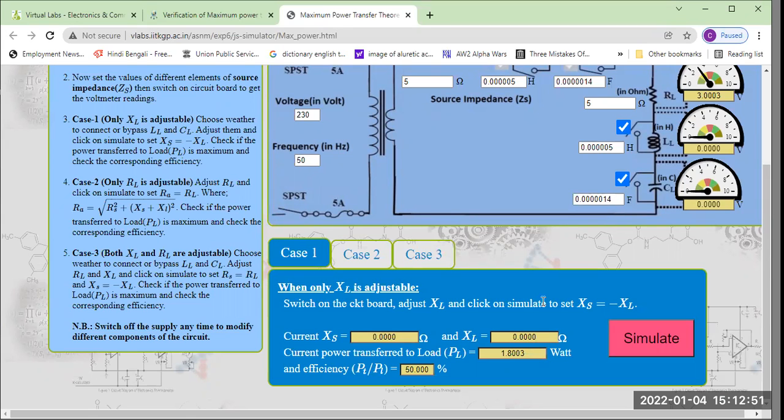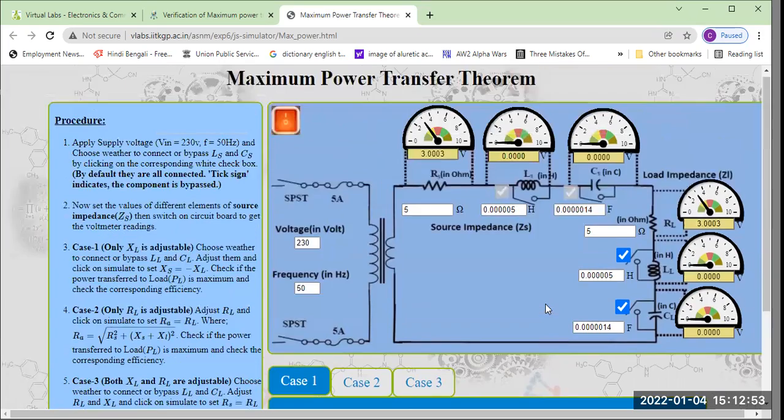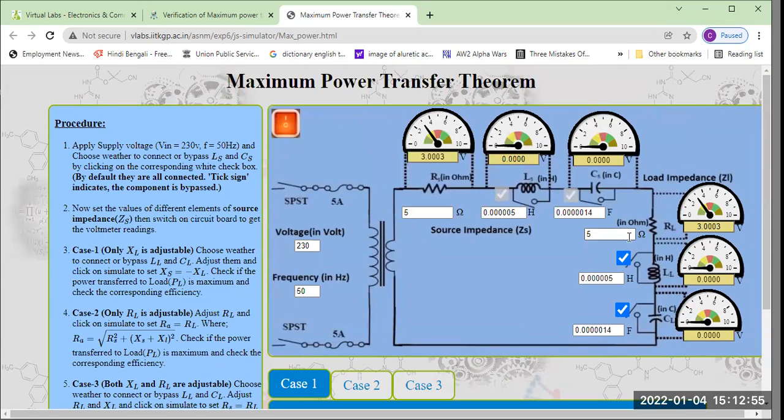And the wattage is 1.803 watt. Now, if we change only the load resistance, just switch it off and then you can change it. Say we just make it double. Look, this is 5, this is 10.